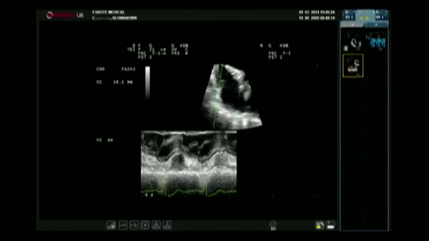A quick way to assess right ventricular function in a critical patient is by M-mode evaluation of TAPSE, like this. This is rather simple but very useful.